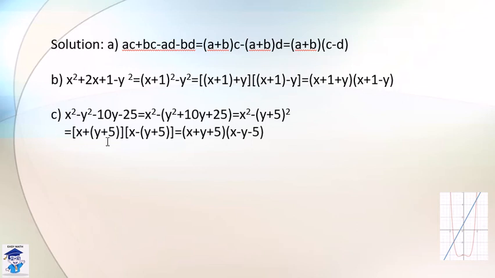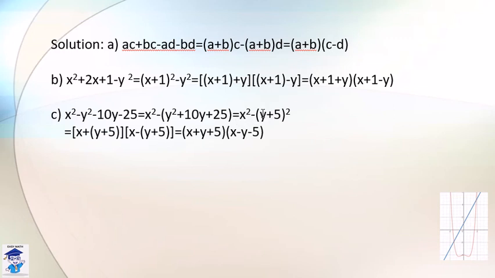The last question, x squared minus y squared minus 10y minus 25. We can group the last three terms. So this y squared plus 10y plus 25, you can make the perfect square of y plus 5, and in the front is x squared.